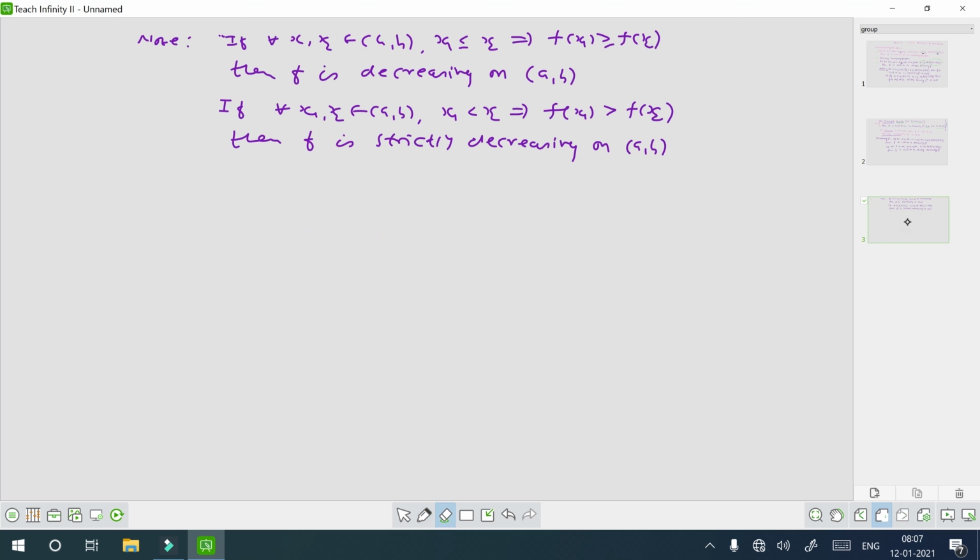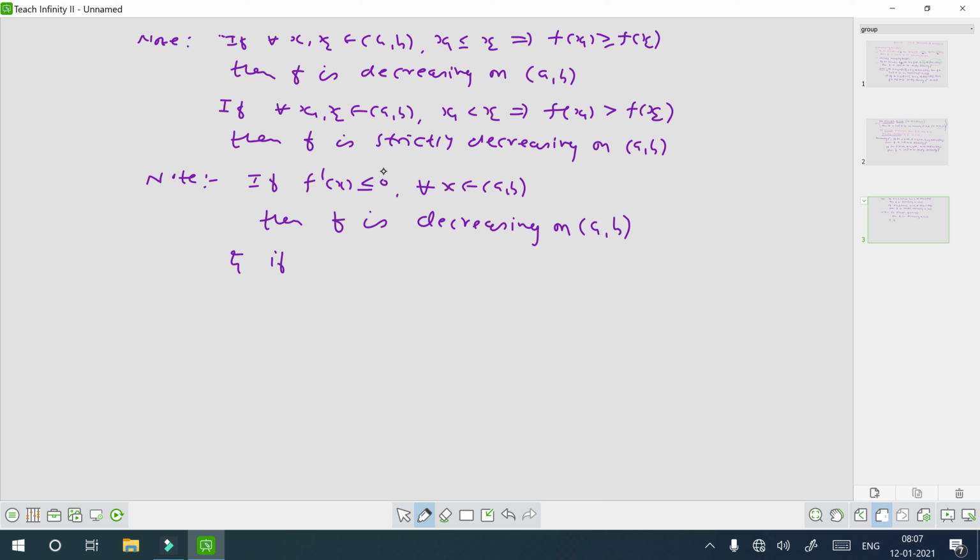Now come on here, next note, if f dash x less than or equal to 0 for all x belongs to open interval AB, then f is decreasing on open interval AB.